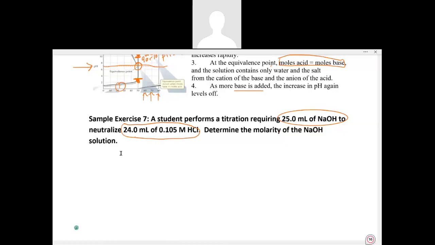So in this scenario, we're going to utilize this equation that you might be familiar with, M1V1 equals M2V2. We can plug in to solve for the moles of hydrochloric acid needed to reach our equivalence point. And then from there, we can determine the molarity of our sodium hydroxide by dividing by our total volume. So let's see what we have here.